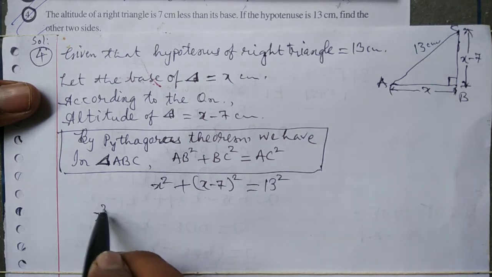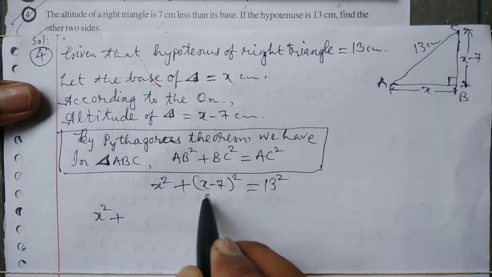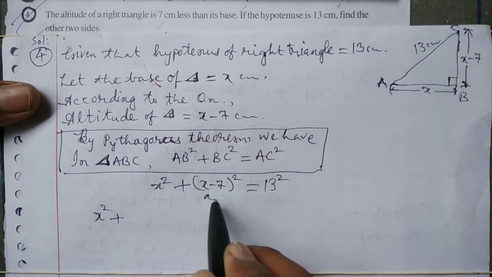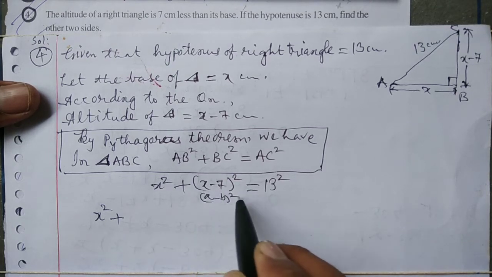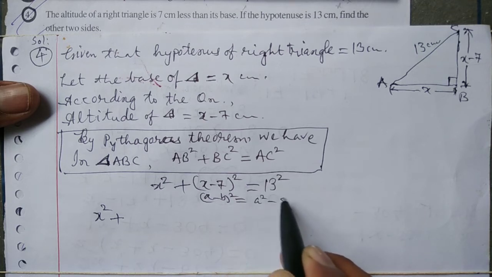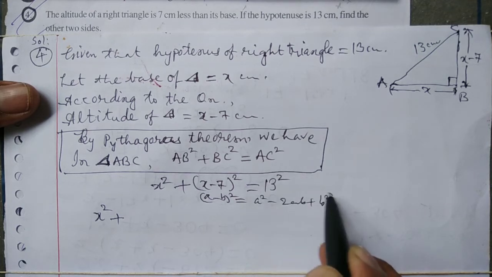x minus 7 whole square is in the form a minus b whole square. A minus b whole square is equal to a square minus 2ab plus b square.